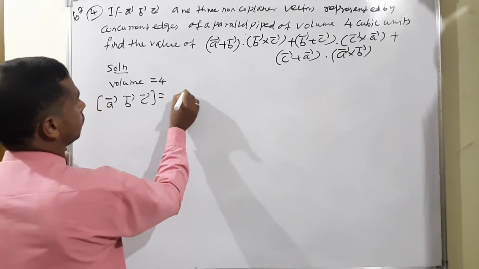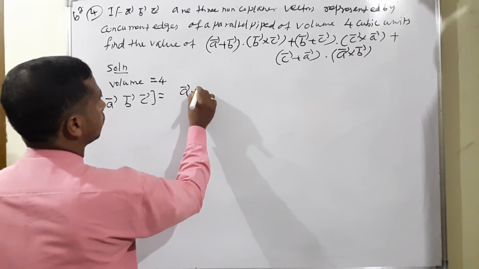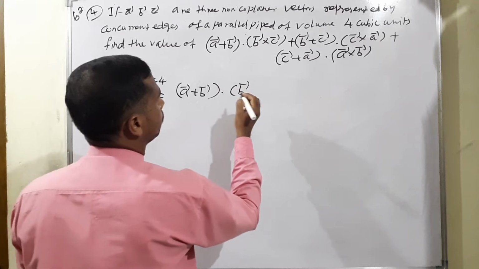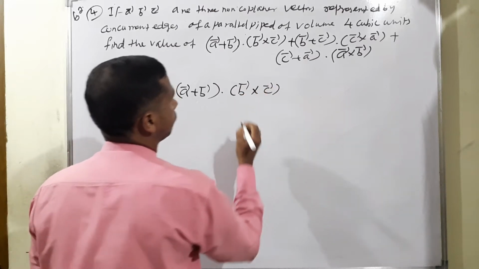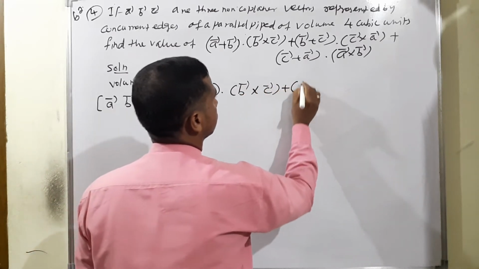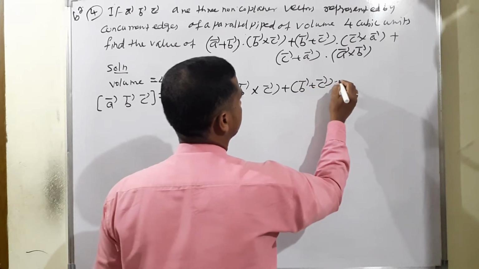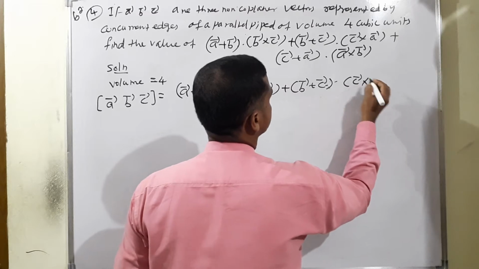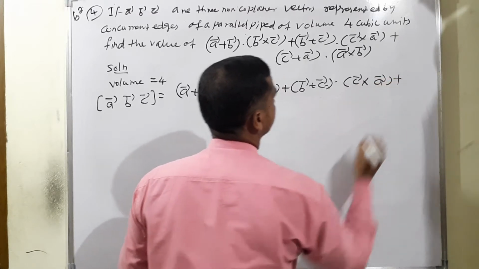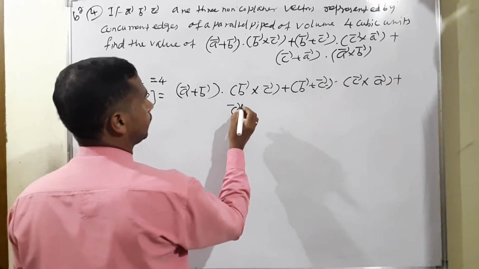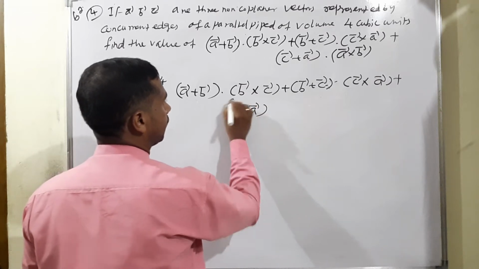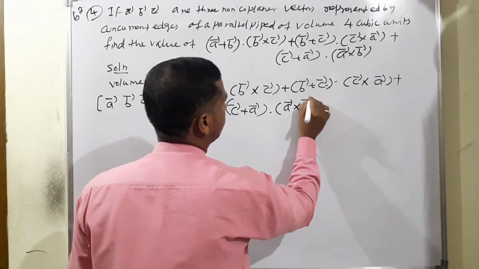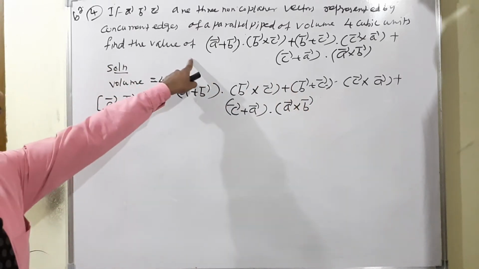We need to find the value of (A vector plus B vector) dot (B vector cross C vector plus C vector) ... (B vector plus C vector) dot (C vector cross A vector), plus the last one, (C vector plus A vector) dot (A vector cross B vector). We need to find the value.